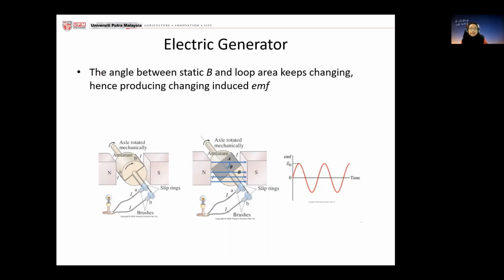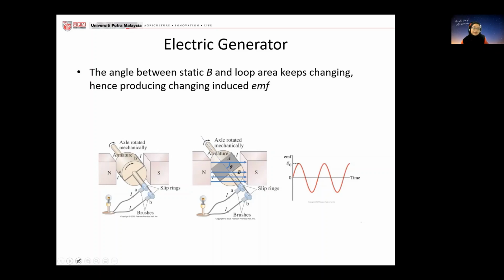Basically the same thing: the angle between the static B and the loop area keeps changing, therefore it induces the EMF in a changing amount, the voltage.